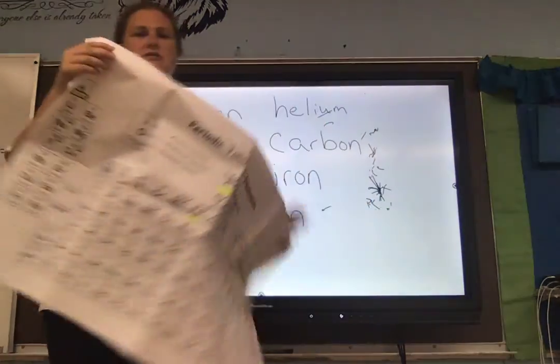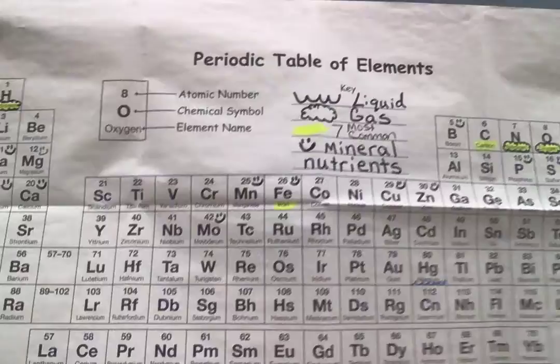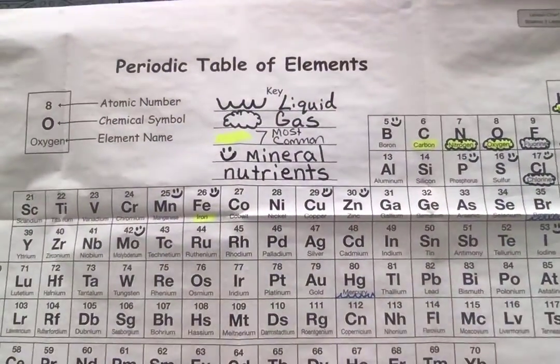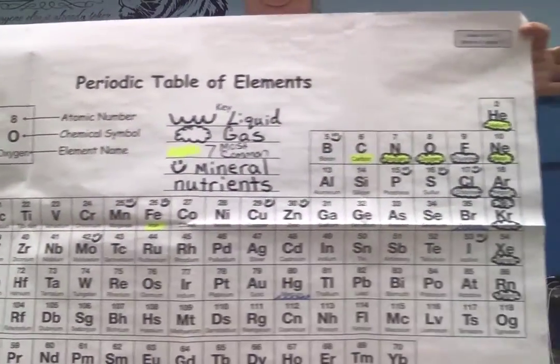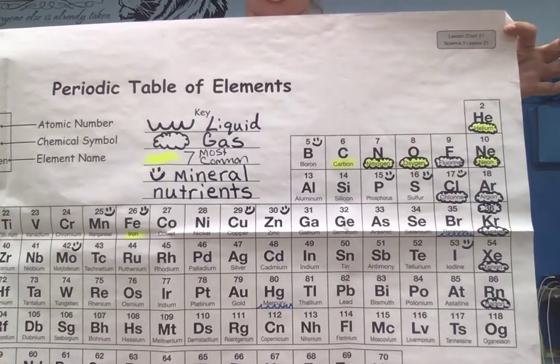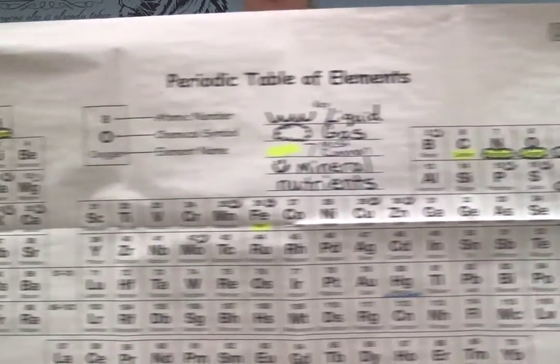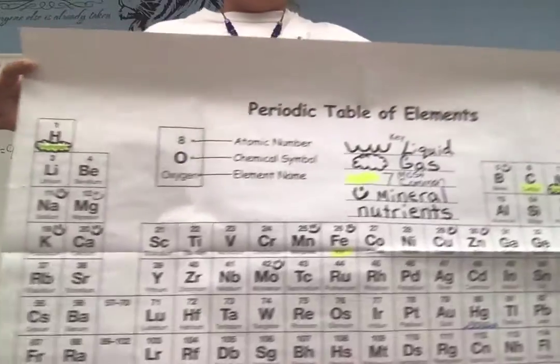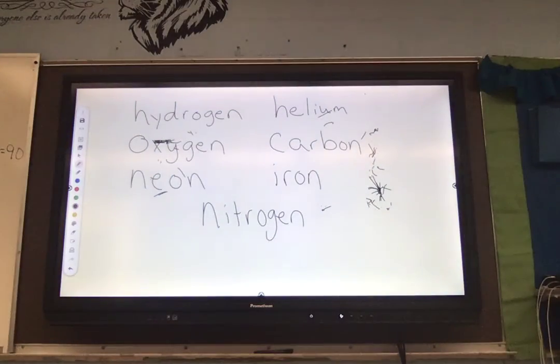So let me bring this closer to you so you can see. So you need your highlighted section in your key where you write 7 most common, and then you need those 7 elements we just talked about. You need those to be highlighted in your book on your periodic table of elements.